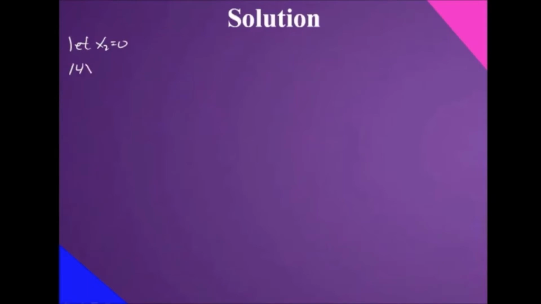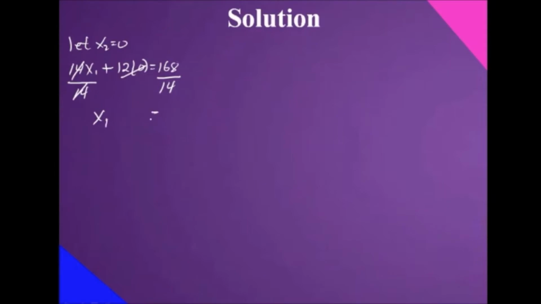So, 14 x sub 1 plus, we have 12 multiplied to 0. Equate natin ito to 168. So, this will be cancelled. Divide natin ito sa 14. No? And of course, ito for 14. So, x sub 1 equals 168 divided by 14.